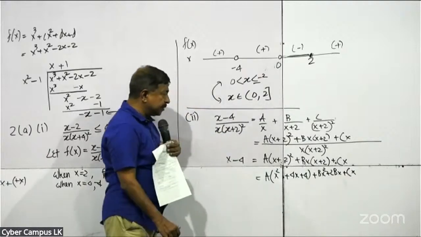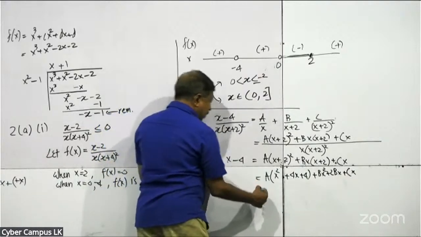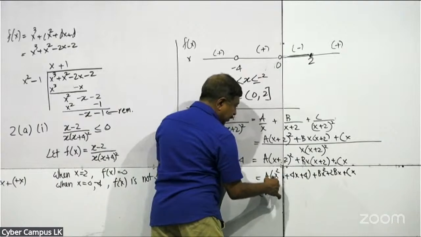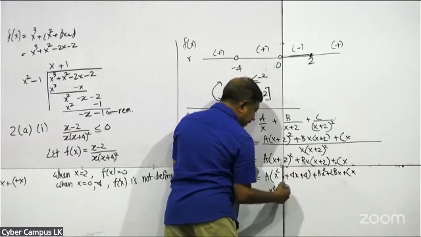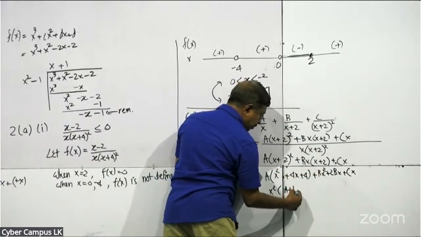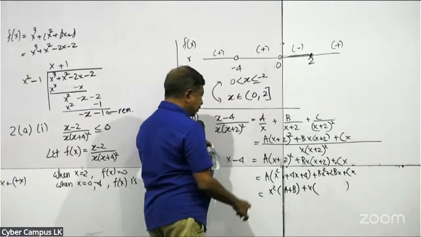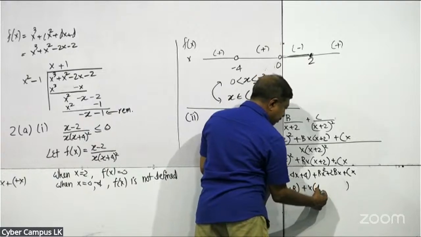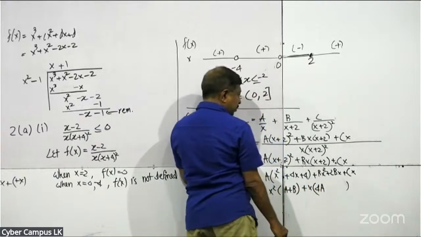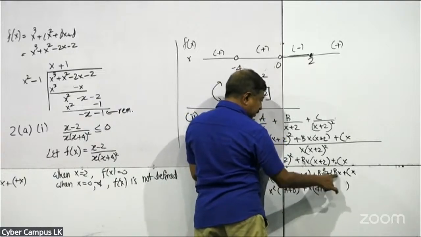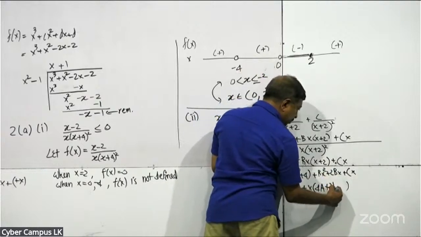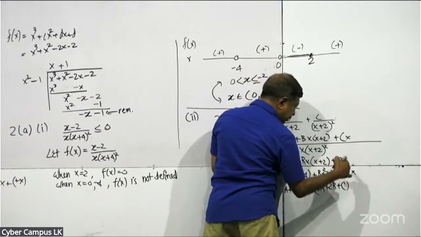Now you can gather similar terms. Two terms carry x squared, so A plus B. There are three terms carrying x. This is 4A. There's another term carrying x, 2B plus C.